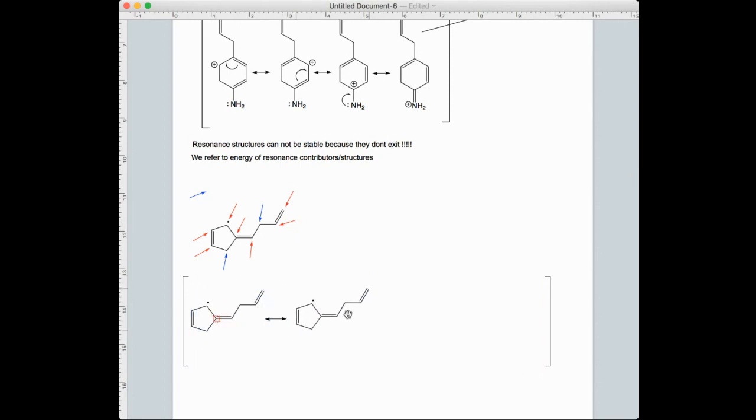We're going to flow electrons from one structure to the next in order to generate resonance structures to account for the delocalization throughout these 5 carbons. Because it's a radical, and this is important, we will use a single-headed arrow. So we don't use a regular arrow when you have radicals. You use a half arrow in that case.